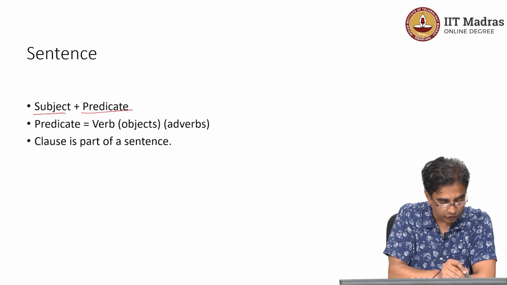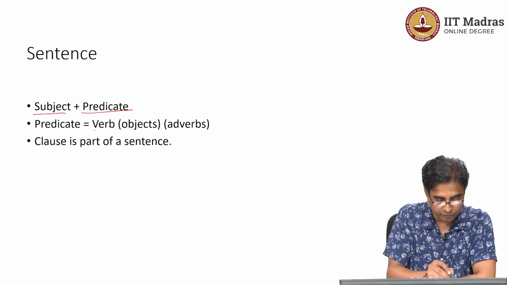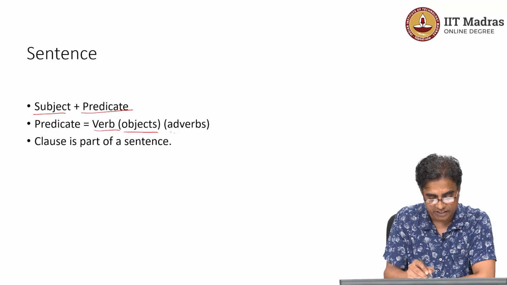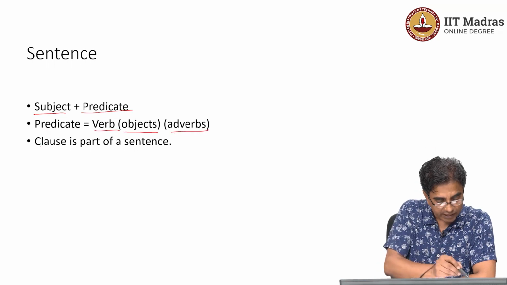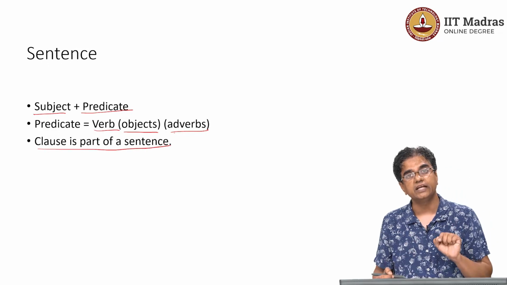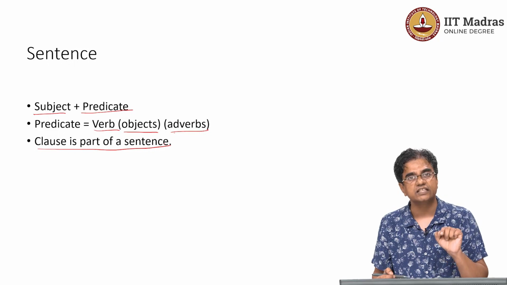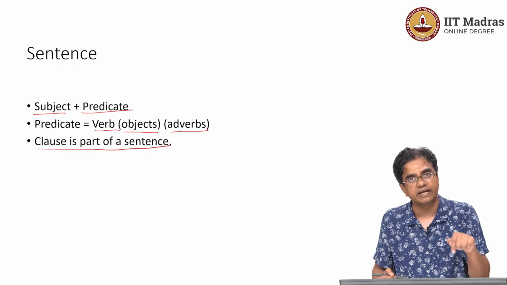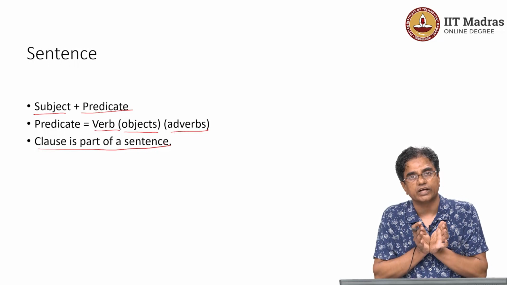And a predicate will have verb and its objects and adverbs. A clause is part of a sentence. It could be an independent sentence, but as long as an independent sentence is part of the matrix sentence, it can be called a clause.